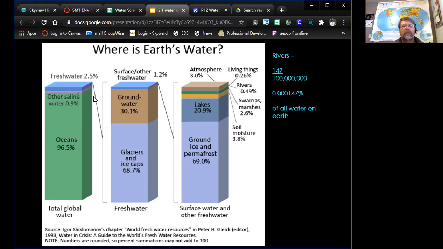Same with ice caps. It remains frozen in snow and ice for years and years. We'll be talking about this later. Some of that water is now melting, which causes a great deal of problem with the sea levels.